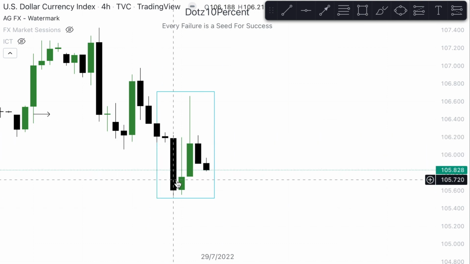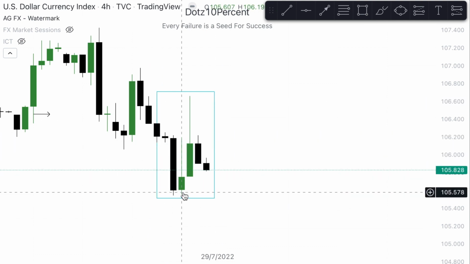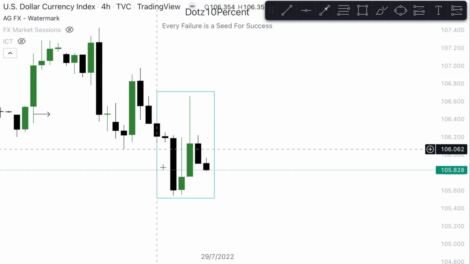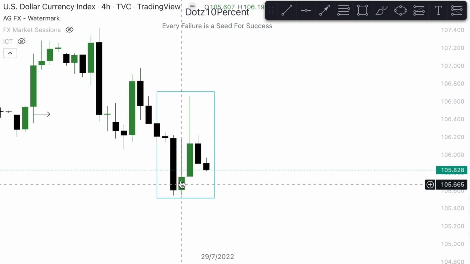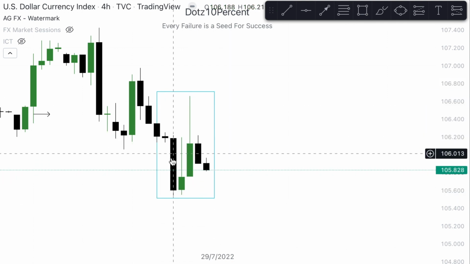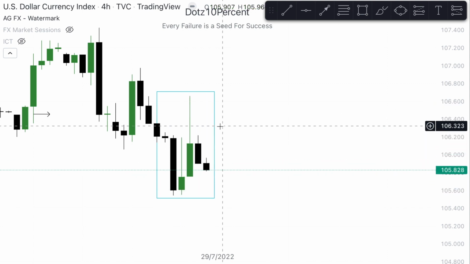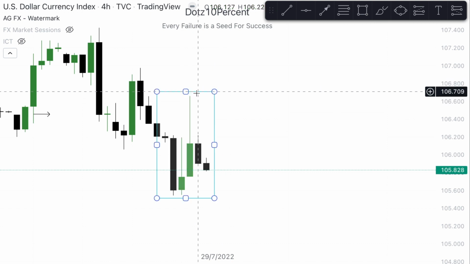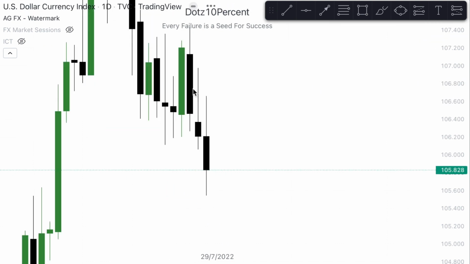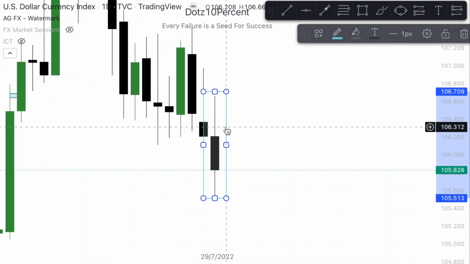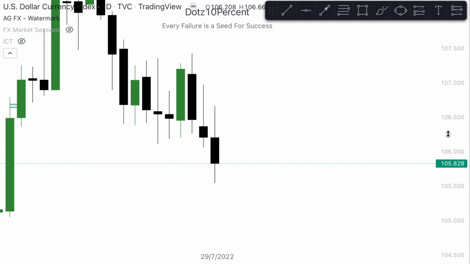Price first contracted downwards, and which way did it expand? Where was the bulk of the move in this space of time? Upwards, right? So we contracted downwards, very strong move up, and then we traded back in. This kind of breakdown is very similar to how the weekly candle also trades, right? And we'll get into that eventually.